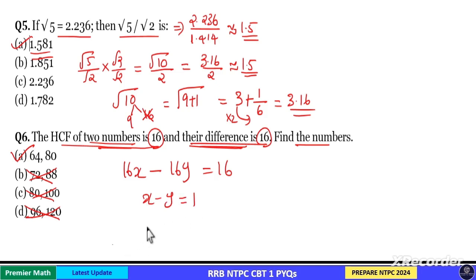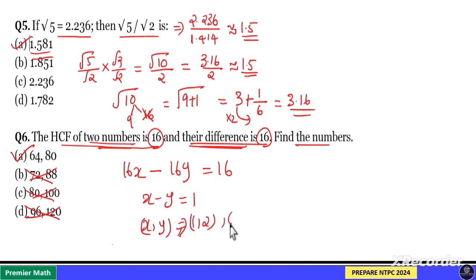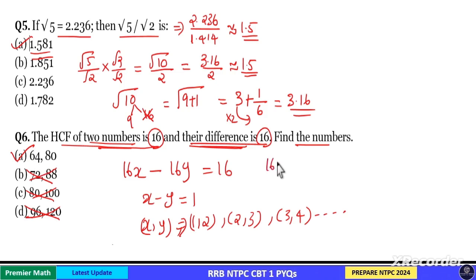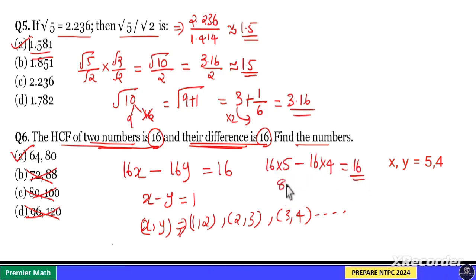If x minus y is 1, x and y can be 1 and 2, 2 and 3, 3 and 4, etc. 16 into 5 is 80 and 16 into 4 is 64. So 80 minus 64 is equal to 16. So the numbers are 80 and 64.